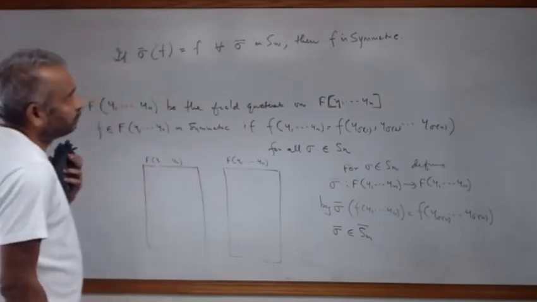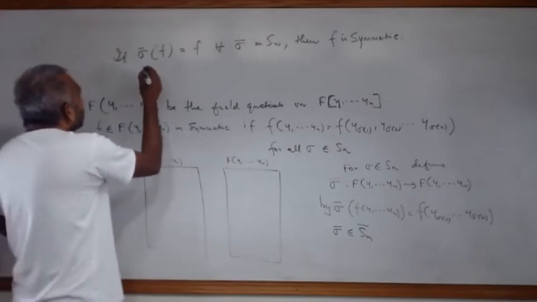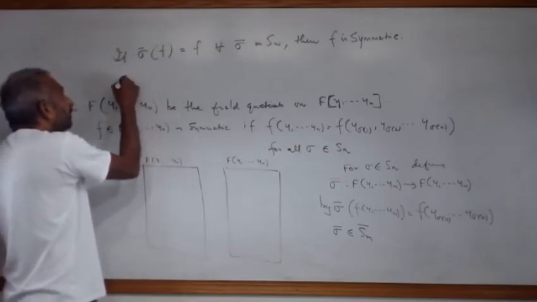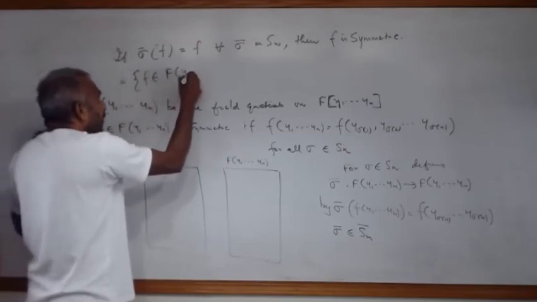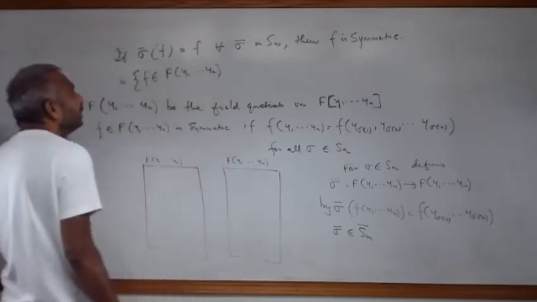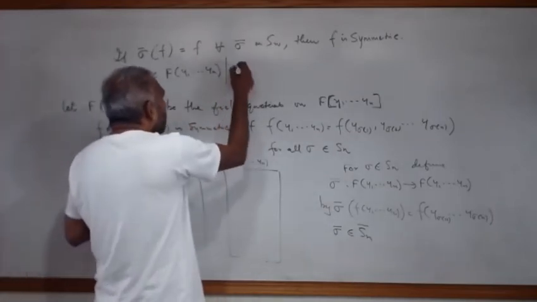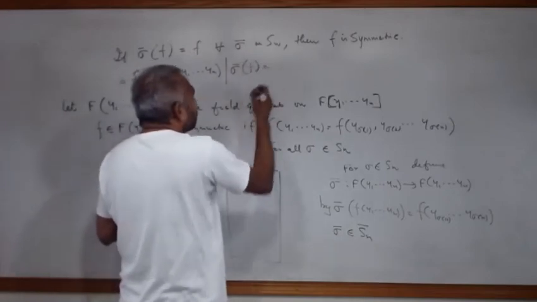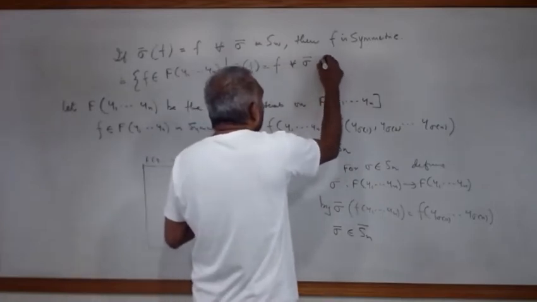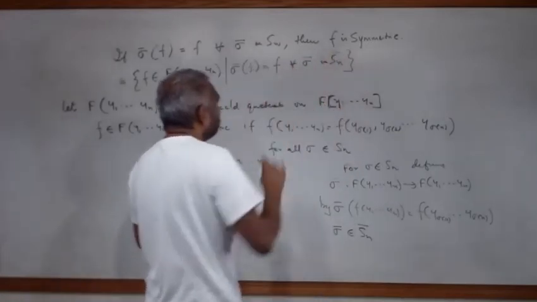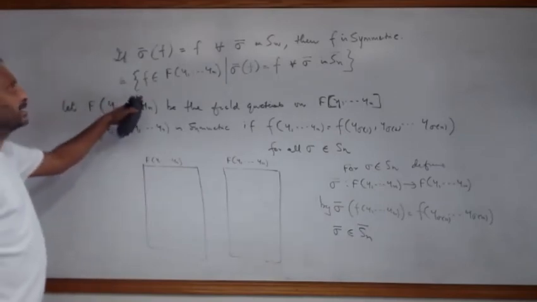Right? So we will write it in another way: the set of f belonging to F(y1, ..., yn) such that sigma bar of f is equal to f for all sigma bar in Sn bar. So what is this?